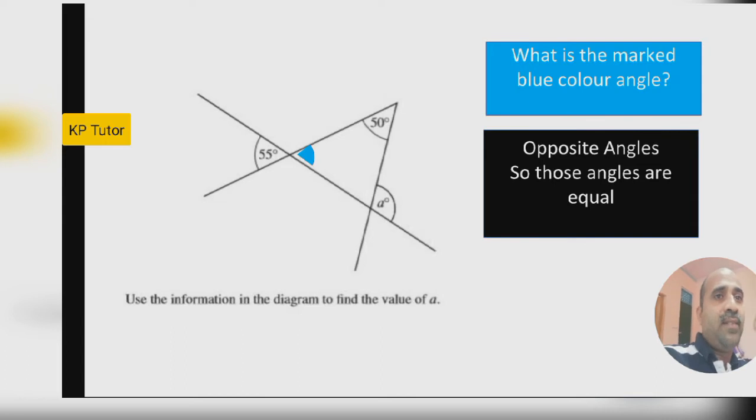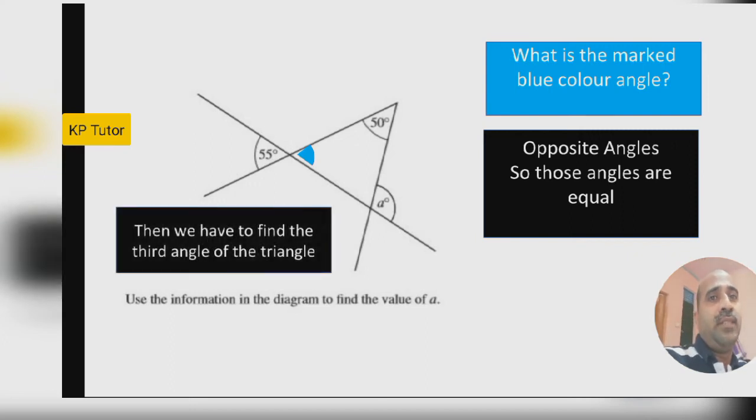Before, we learned Z angles are equal; now one more equal pair is opposite angles. So what is the answer? First we have to find the third angle. The marked blue angle is 55. Then consider there is one triangle inside, in the diagram. One angle is 50, another angle we got now is 55.